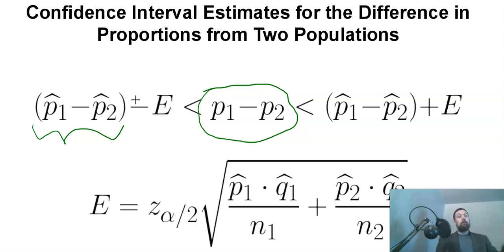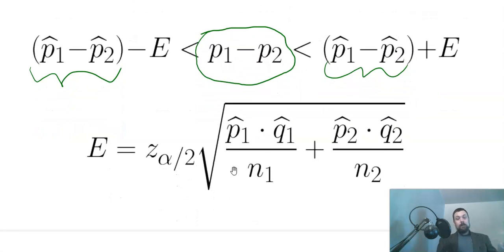It's the sample version minus the margin of error, the sample version plus the margin of error, to get the lower estimate and the upper estimate for the confidence interval. But the margin of error formula is going to be different because it's a different scenario, just like we saw in chapter 7, where the margin of error formula was different for proportions than it was for means.